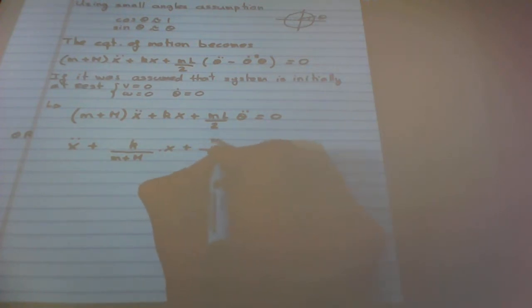Okay, so over here, let's do one more thing. Let's write this as x double dot plus k divided by m plus capital M x plus mL over 2 divided by m plus capital M theta double dot equal to 0, or x double dot plus omega n square x.